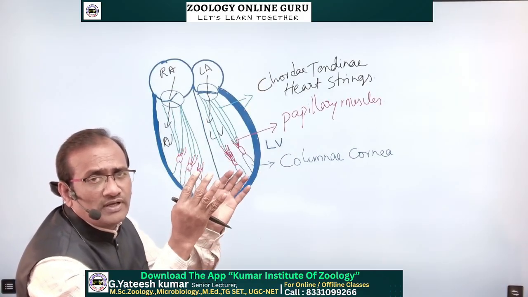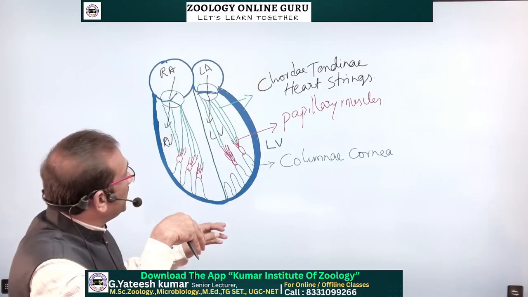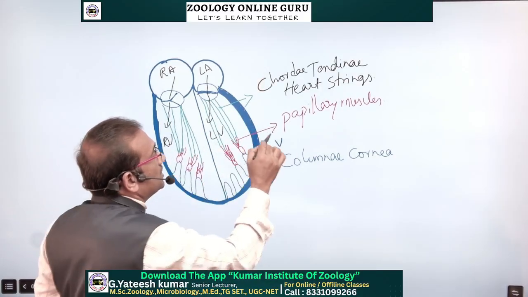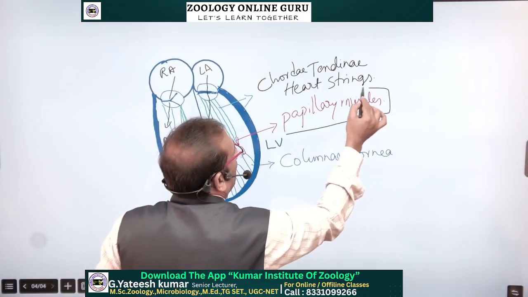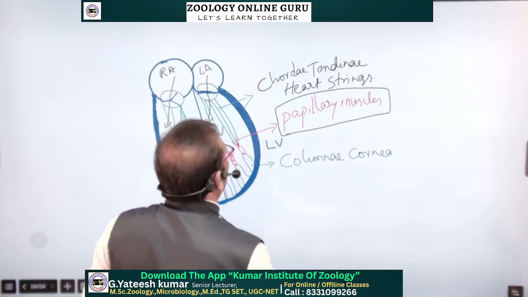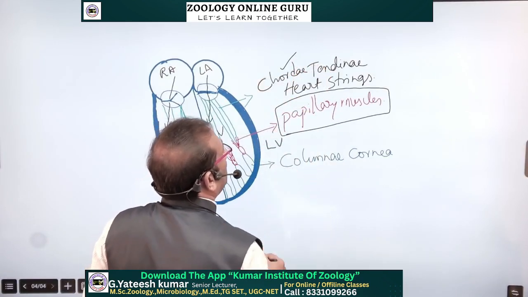So opening or closing of the valves depends on the papillary muscles. Most important from the exam point of view are papillary muscles and chordae tendineae.